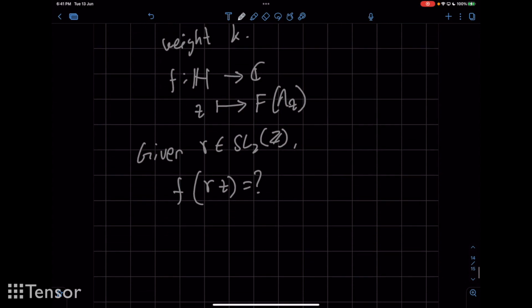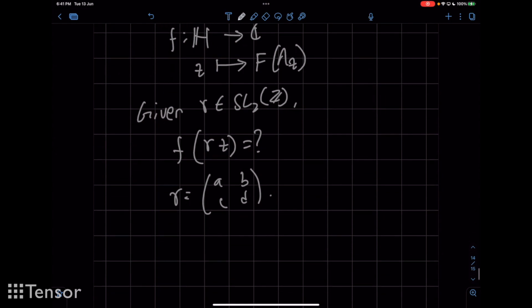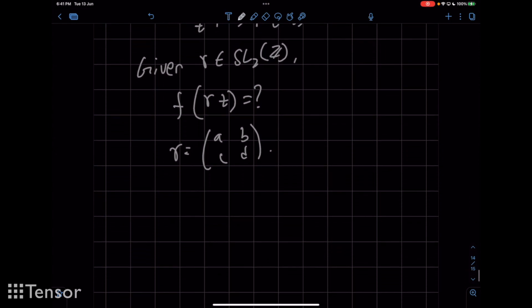All right, so as usual, let's say gamma is the matrix A, B, C, D. And then what is f of gamma z? f of gamma z is simply f of (az + b)/(cz + d), right? That is how we define the group action.